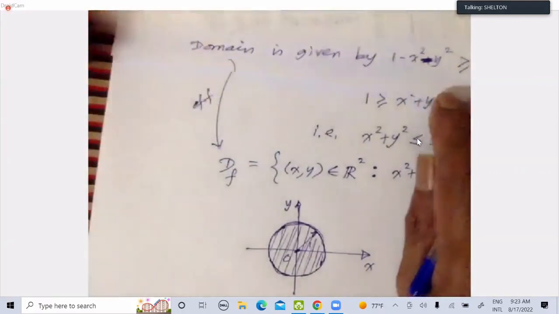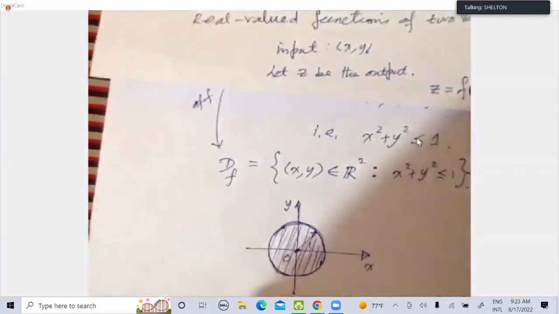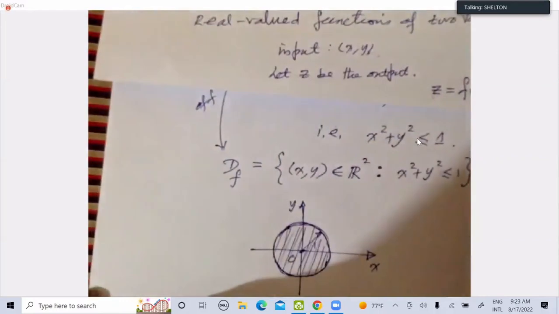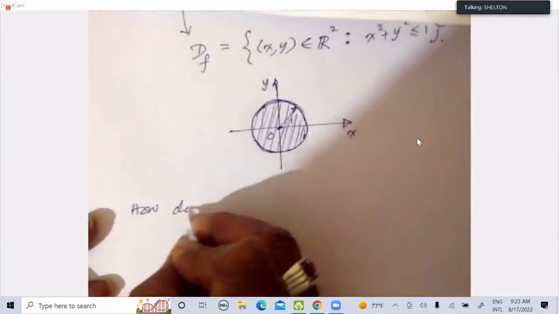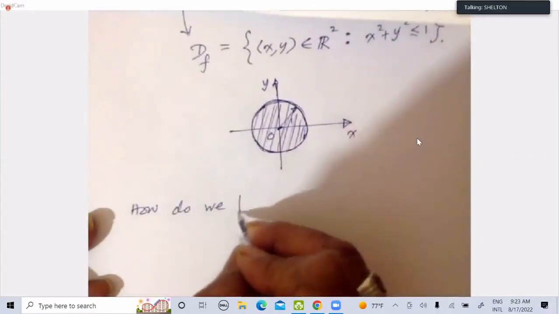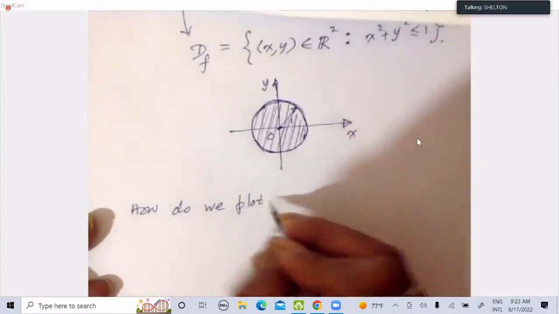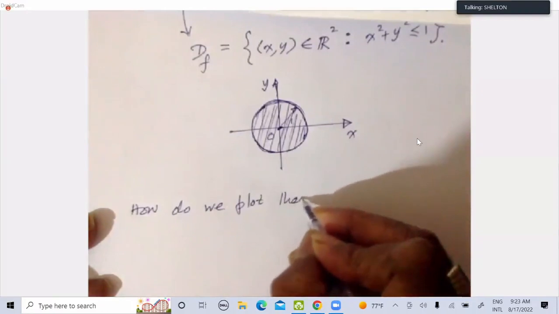So how do you plot the graphs of these functions? How do we plot their graphs?